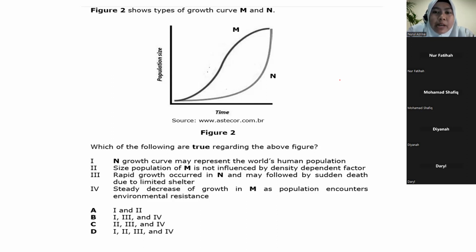So what is M? What is N? M ialah logistic growth curve. So N is exponential growth curve. Okay. Now look at the, apa nama ni? Statement given.